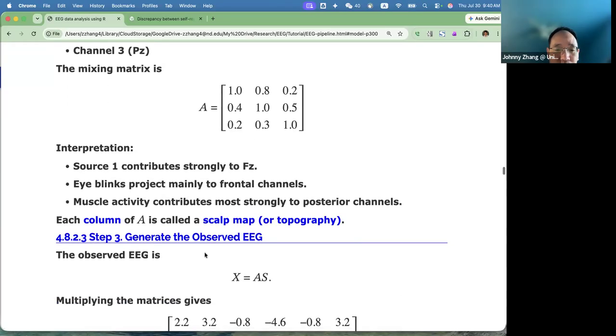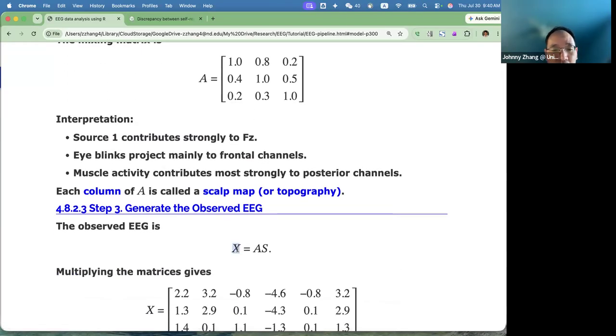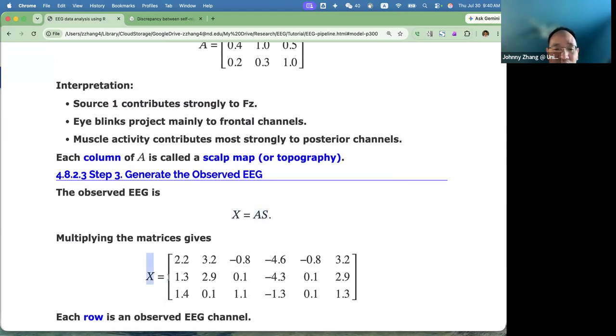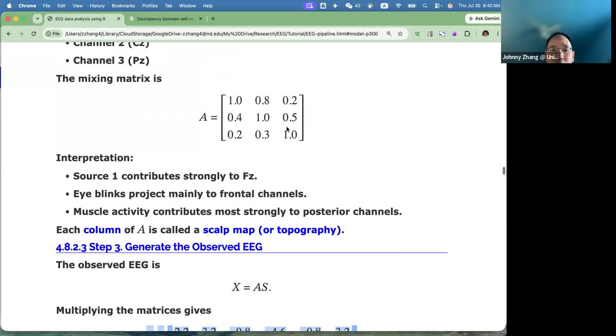So the observed EEG data X will be calculated as A times S. So this would be the observed EEG signals given the source information and given the mixing matrix here.